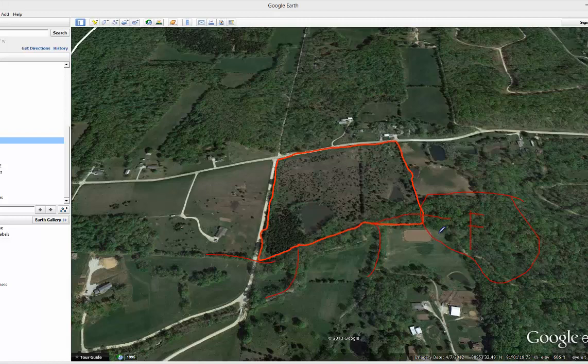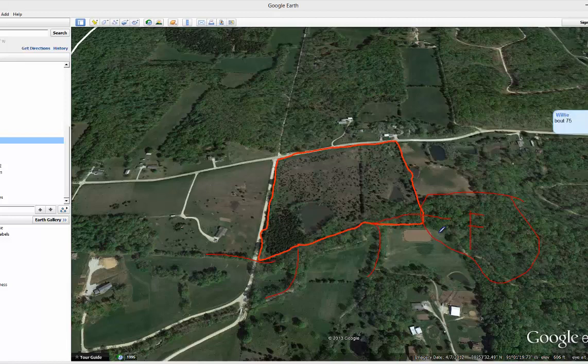Do you have any bedding areas on your property? Okay, so you don't have any. How big is your property? How many acres? Oh, 75 acres.